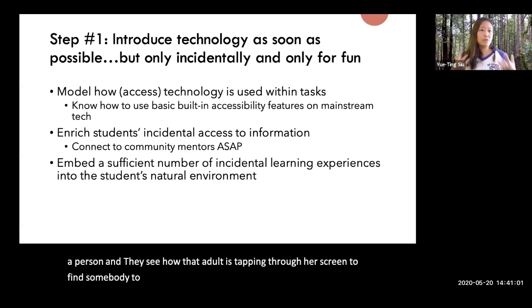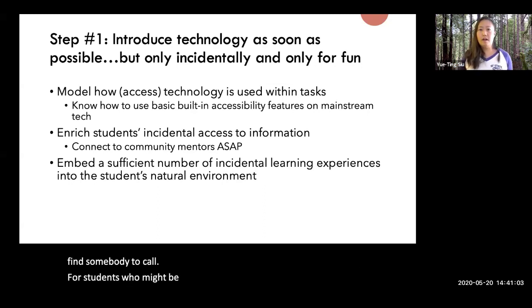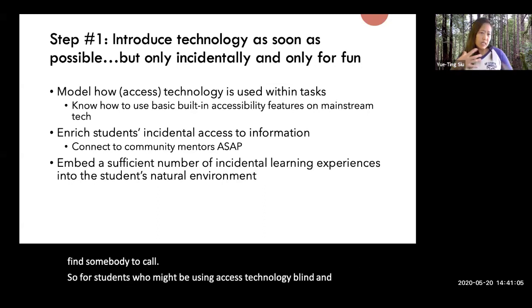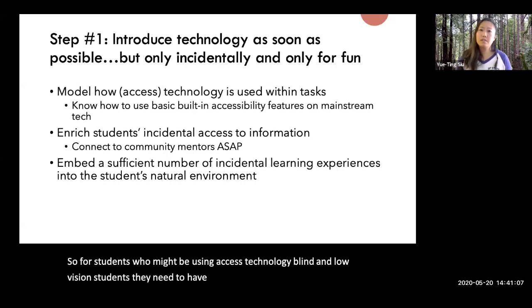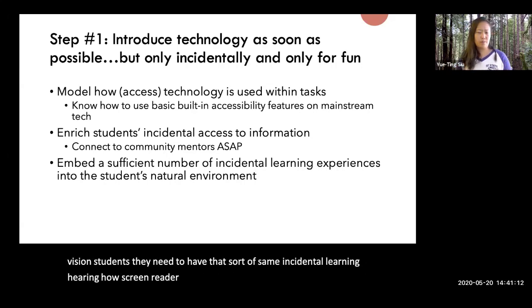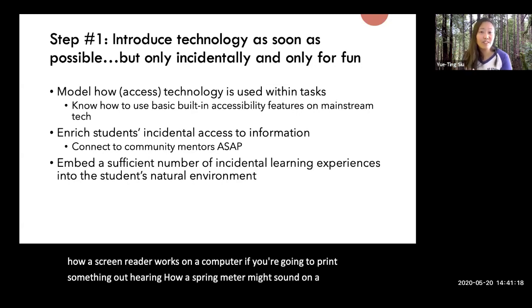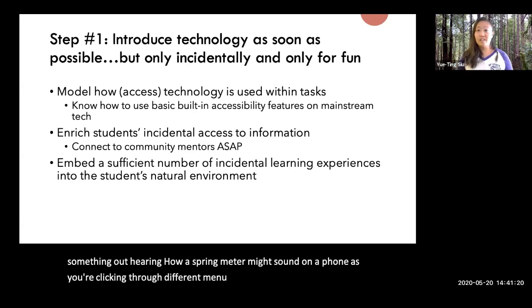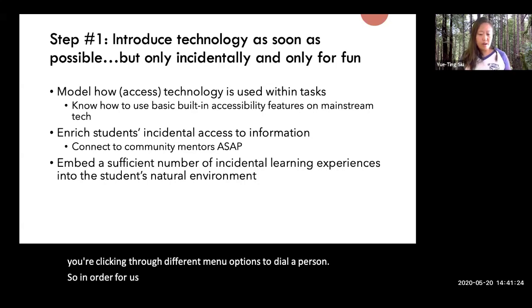So for students who might be using access technology, blind and low vision students, they need to have that same incidental learning, hearing how a screen reader works on a computer if you're going to print something out, hearing how a screen reader might sound on a phone as you're clicking through different menu options to dial a person. So in order for us to ensure that we're able to model how access technology is used, we have some additional responsibilities.